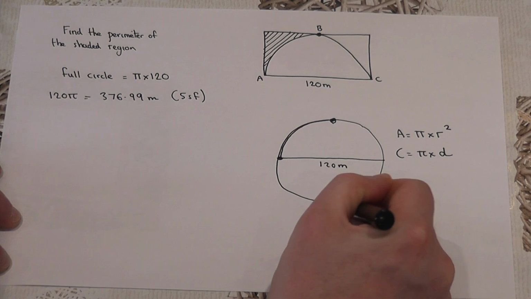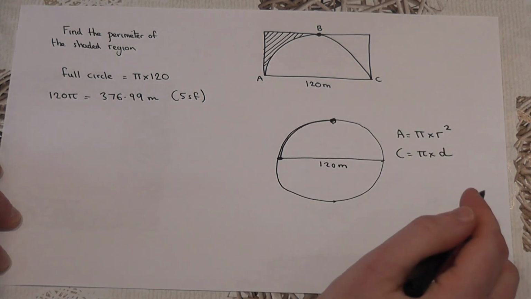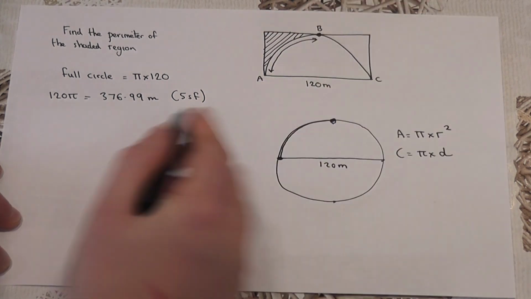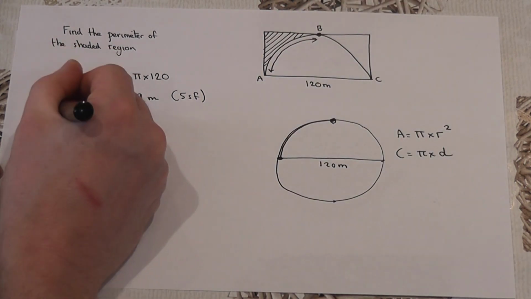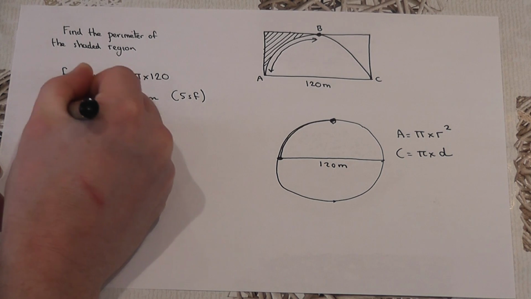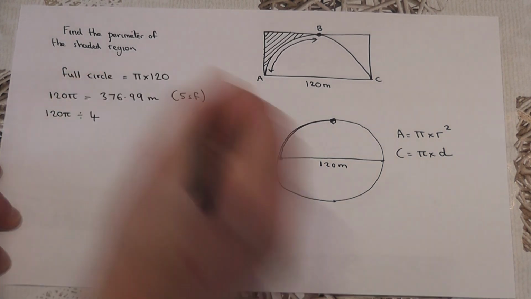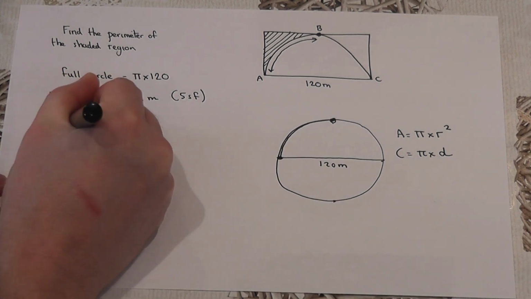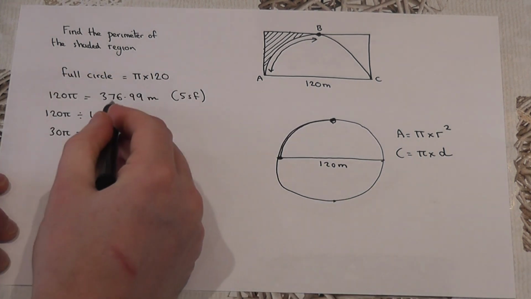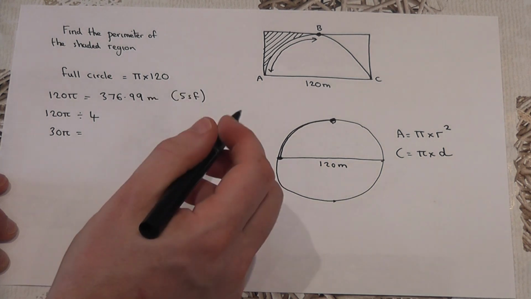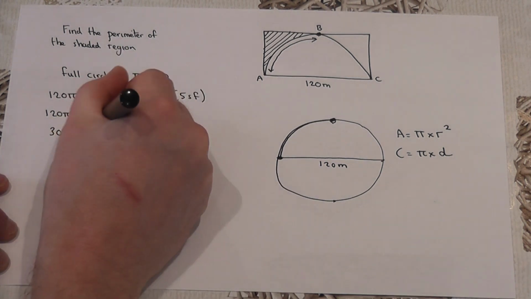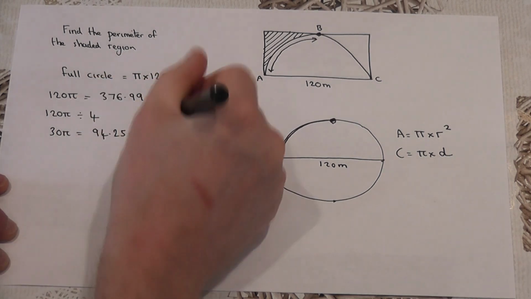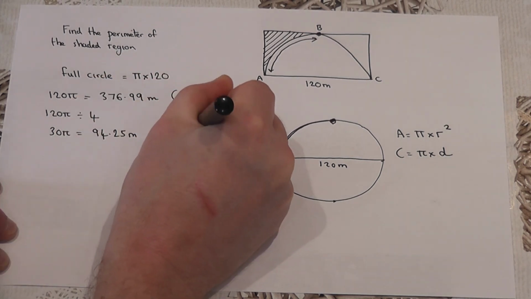So to find this distance here, I do the full circumference and divide by 4, which on a non-calculator paper would be 30 pi, or 376.99 divided by 4 is 94.25 metres, to 4 SF.